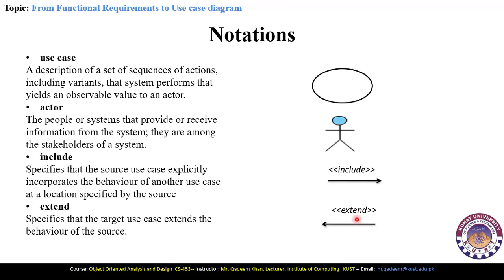So in the extend relation, we specify that the target use case extends the behavior of the source use case. One will be the target and one will be the source. So from the source, the target behavior is extended. It is exactly like inheritance, and it is also called generalization.